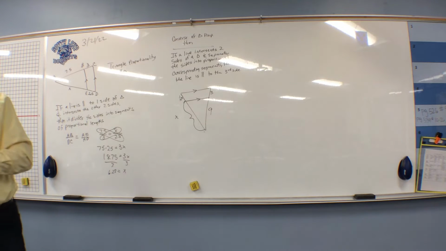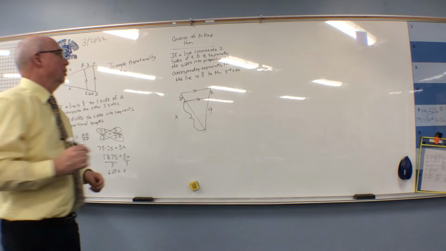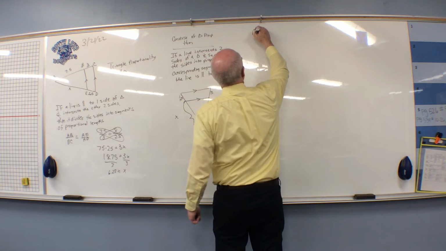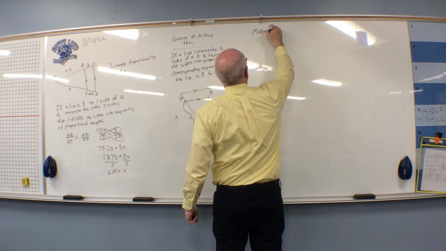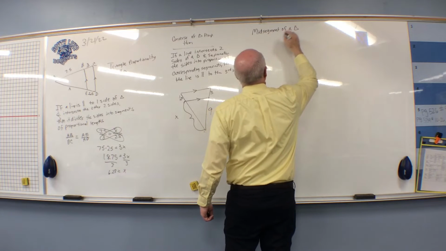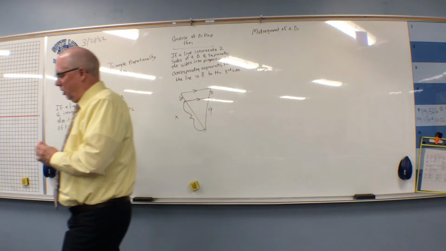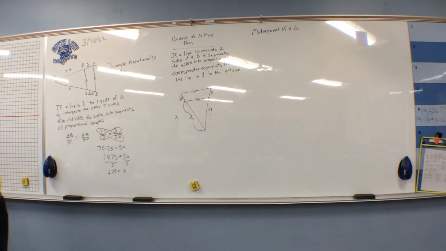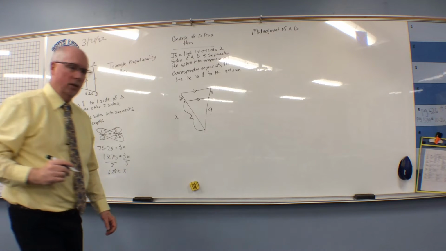All right, so let's talk about what a mid-segment of a triangle is. Okay, it's on page 535. A mid-segment of a triangle is a segment with endpoints that are midpoints of two sides of the triangle.